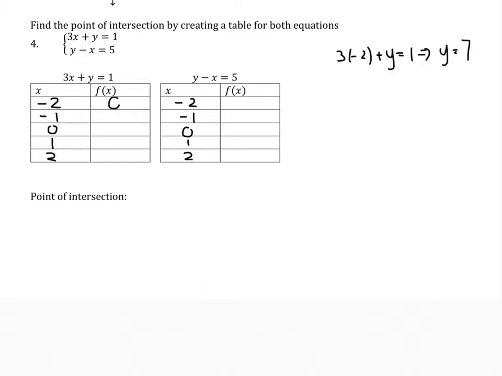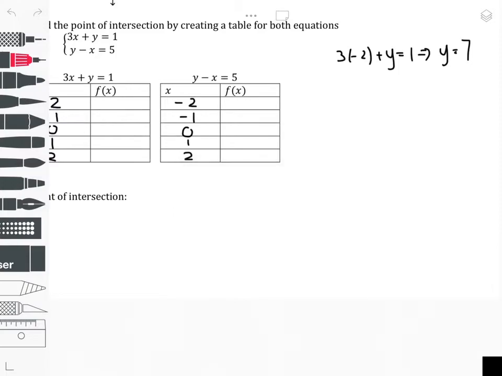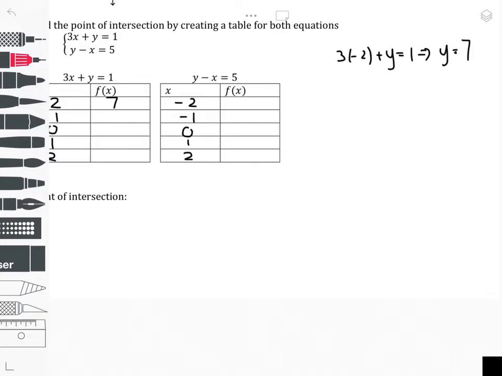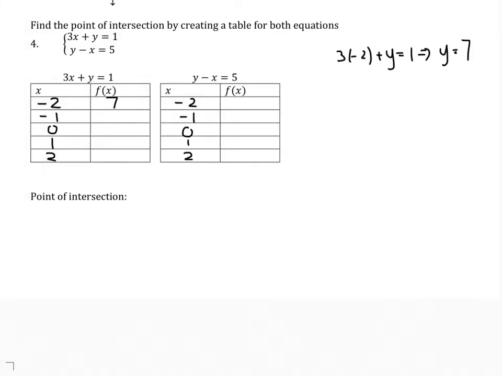So that's our first point. I wrote the wrong number. Second one, when x equals negative 1, so 3 times negative 1 plus y equals 1. My y value is going to be positive 4.